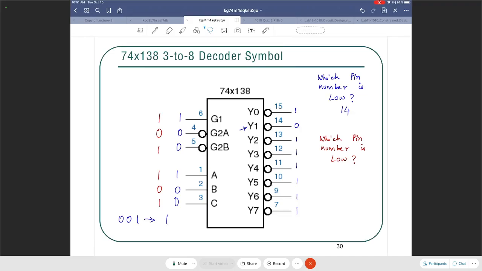All will be disabled, yes. Which means none of them are going to be low, yes. Because I disabled it, right? G2B, the enable is inactive. That's it, that's all I needed. So all of them are going to be disabled. Questions about this?